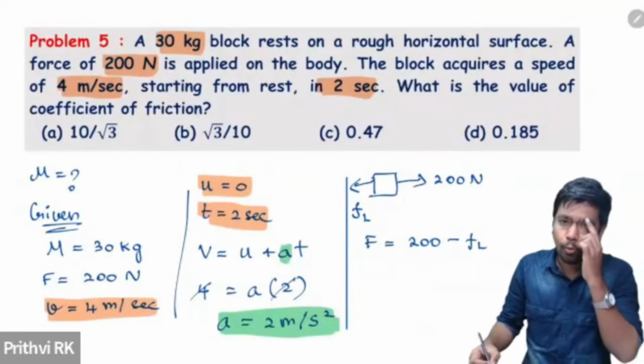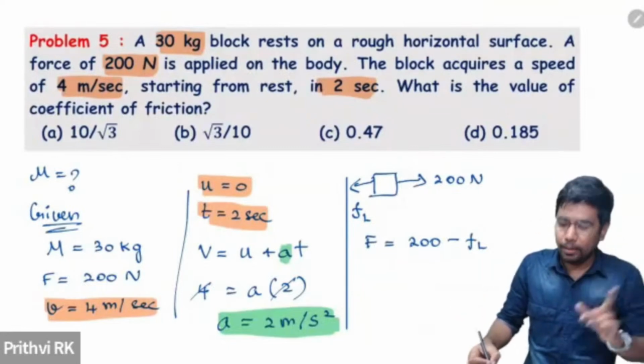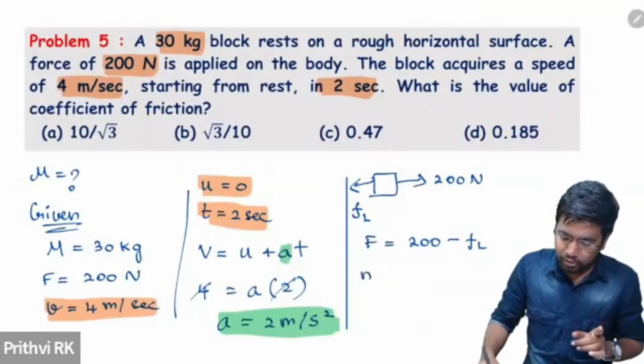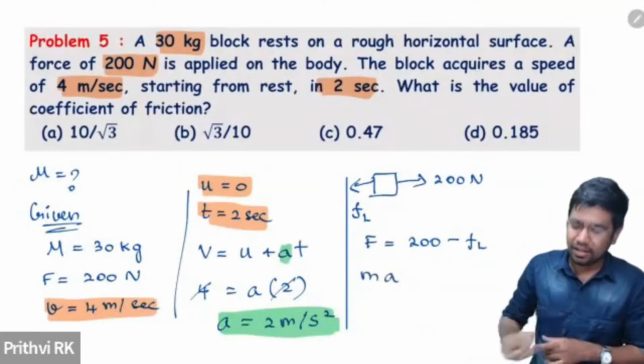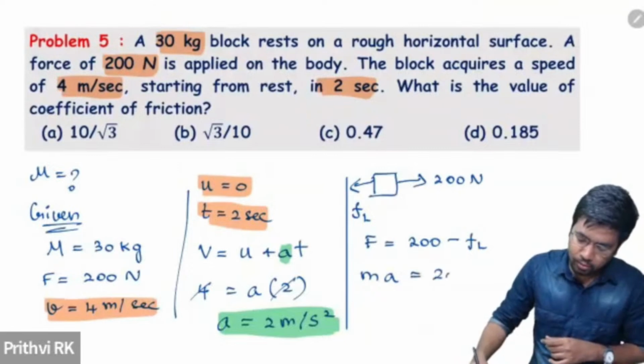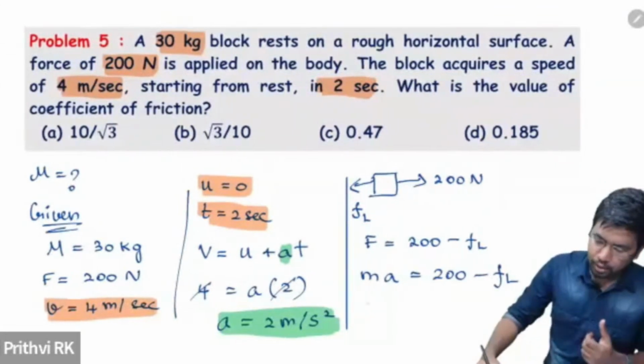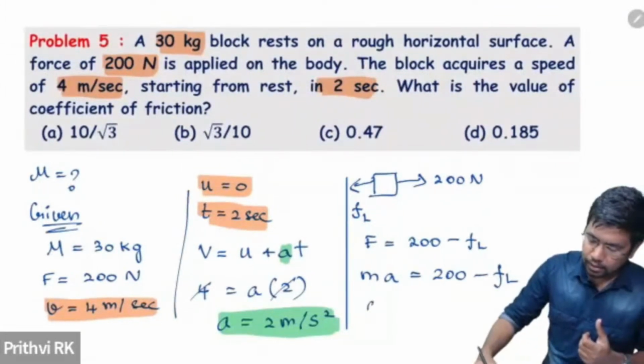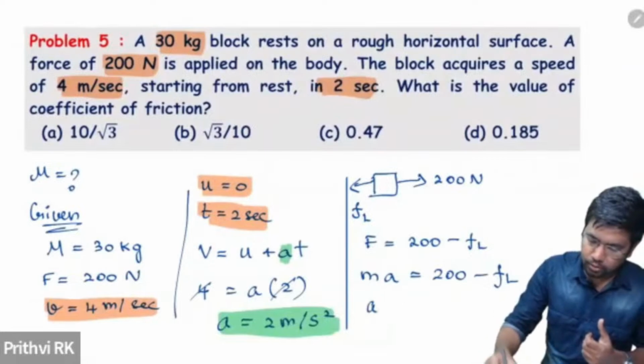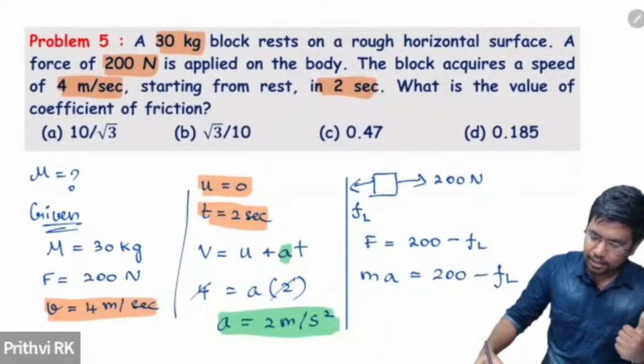Now I'm going to write the formula like this: force is equal to mass into acceleration, equal to 200 minus FL. We know the values for both mass and acceleration.